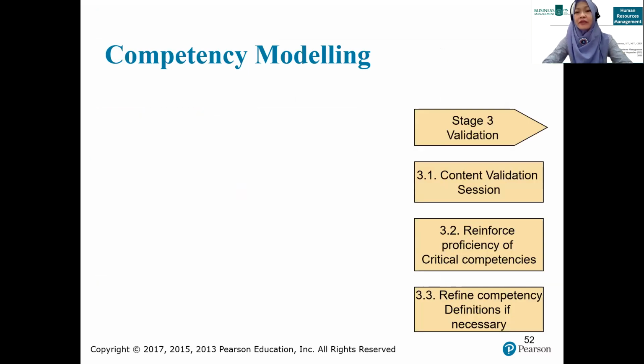Then we come to the third stage, the final stage actually. In this stage, it means that you have finished your first draft of competencies. For example, for a college student, you end up with 10 competencies.